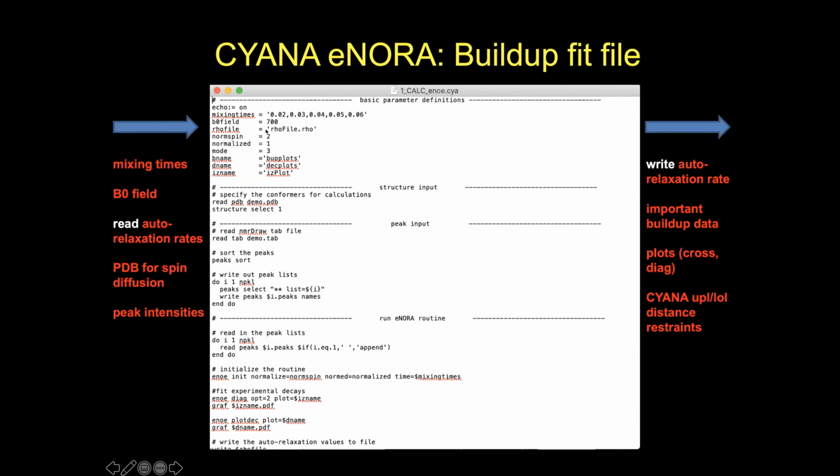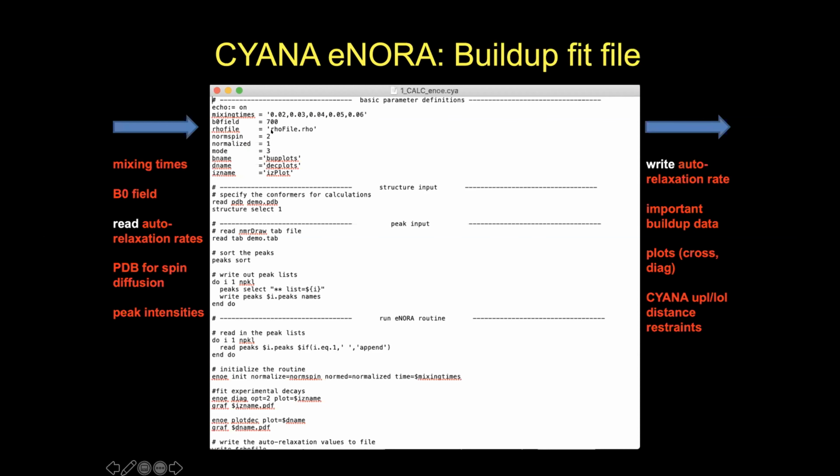This is interesting because you can also read it. If you run the whole process a second time, instead of fitting your auto-relaxation rate again, you can read in a file that you manually prepare. This is very common because some of your decays are overlapped and you decide that you don't really want to use these diagonal peaks. So instead of using your fits, you can just use what you edited here.